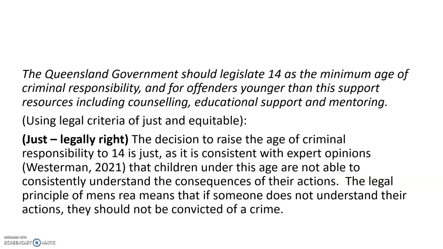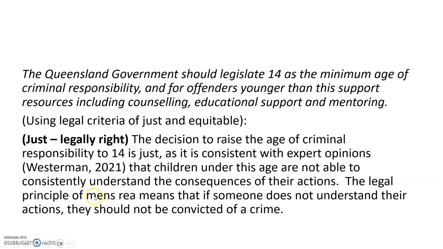Let's have a look. I start by looking at legally right, okay? And I use a little research here to justify it. Tracy Westerman is a psychologist, and the article she wrote talked about the fact that children under the age of 14 aren't consistently able to understand the consequences of their actions.